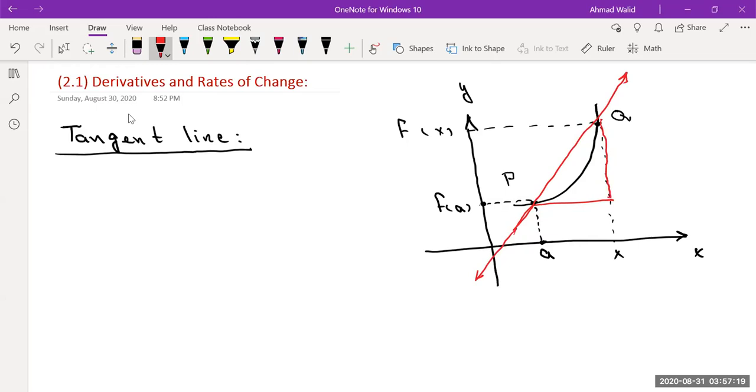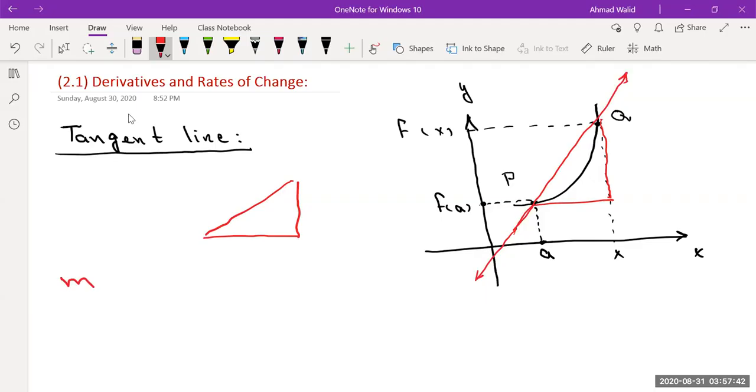Now, if this is f of a in a right triangle, correct? If you are looking for the slope, the change in y over the change in x gives you the slope.